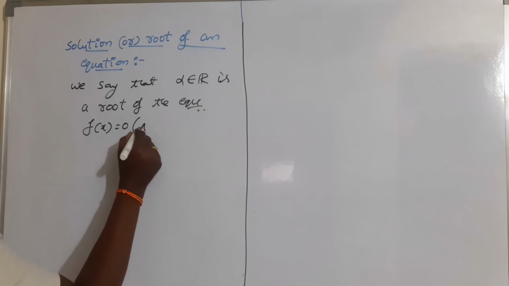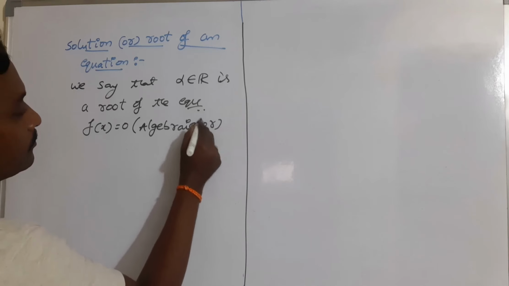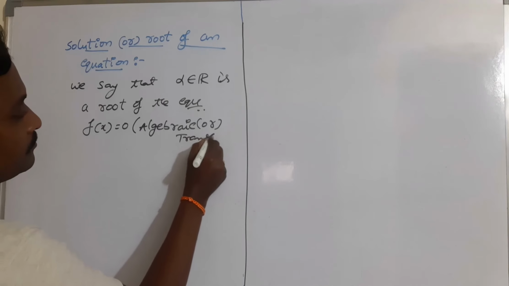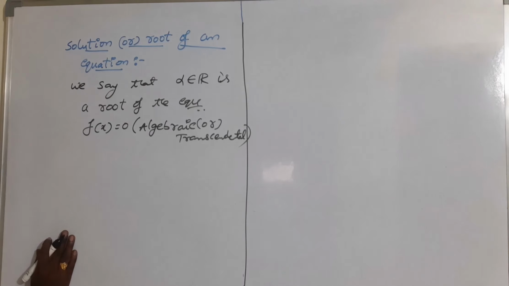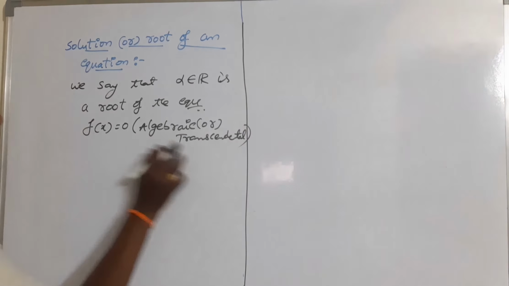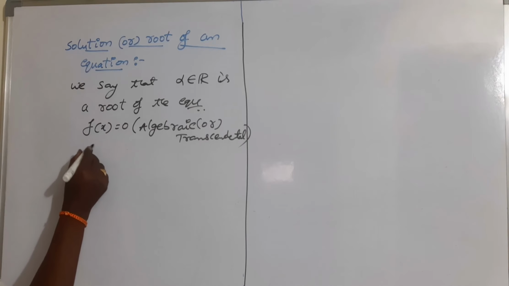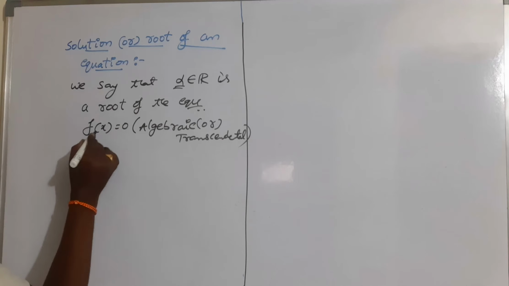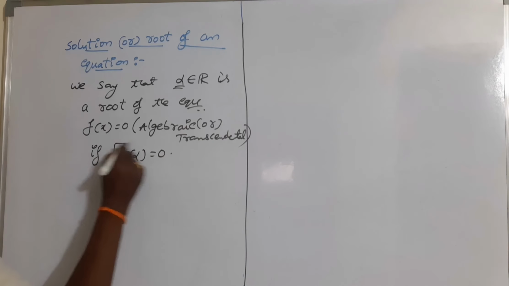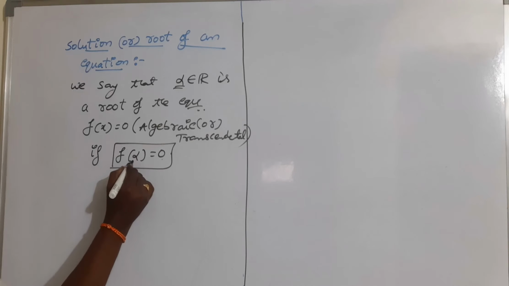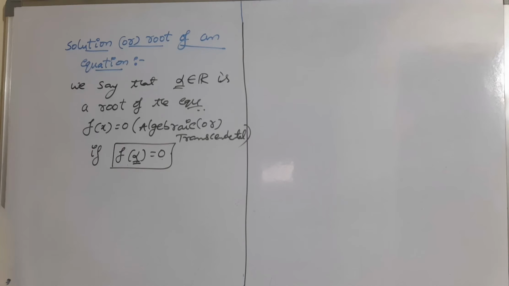Here the given equation is either algebraic or transcendental, no problem. We say that alpha is a root. Root is nothing but a solution. Alpha should satisfy the given equation, that is, f of alpha is equal to 0. Only if f of alpha is equal to 0 can you say that alpha is a root of f of x is equal to 0.